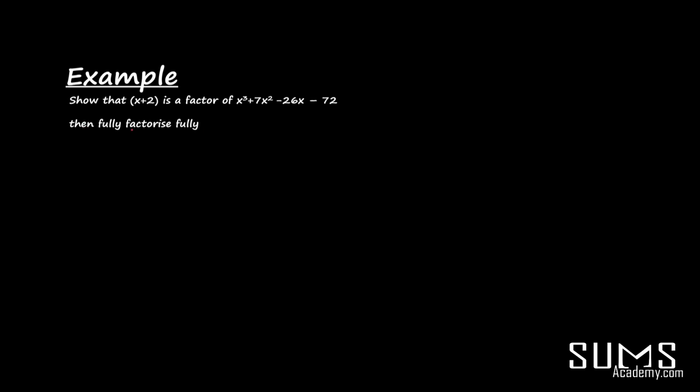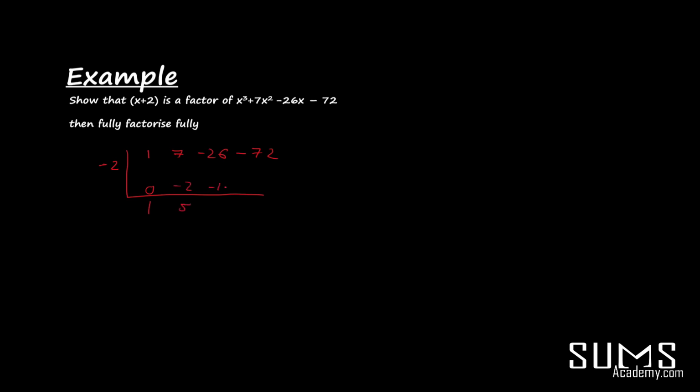So set up our L, x plus 2, so this is going to be negative 2, and our coefficients are 1, 7, negative 26, and negative 72. So this is going to be 1, this is going to be negative 2, this is going to be 5.